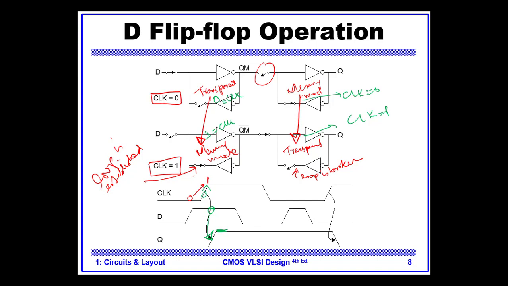Then all the changes from here to here are neglected because there is no positive edge. Then again at the positive edge, the magic happens.